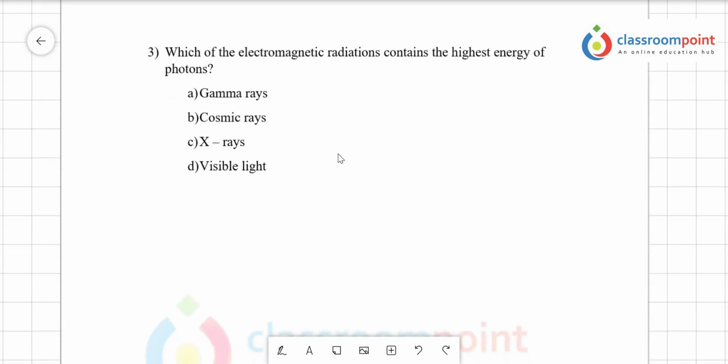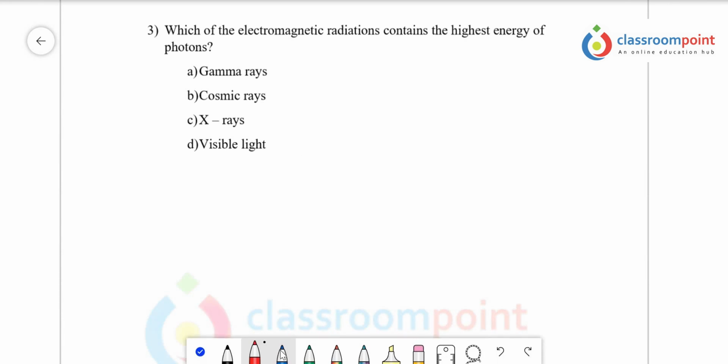Let's try to see some interesting question. That is question number 3. Which of the electromagnetic radiations contain the highest energy of the photons? So we know that people think that cosmic rays, gamma rays, X-rays, ultraviolet, visible, infrared, microwaves and radio waves.